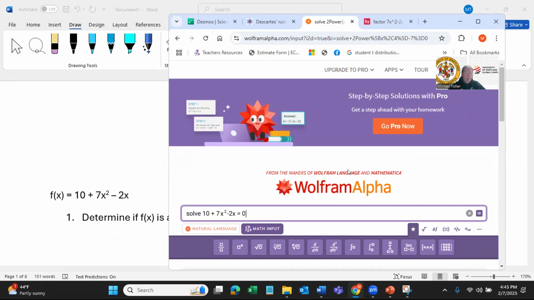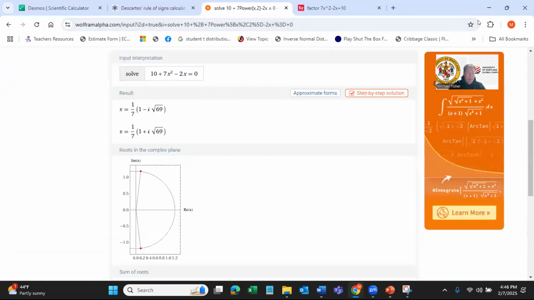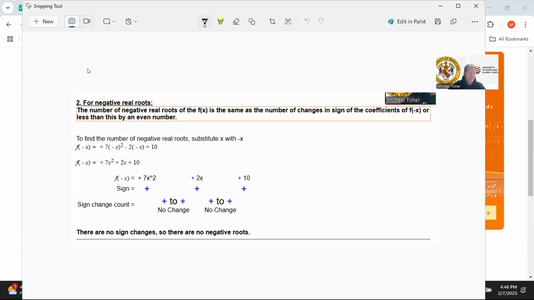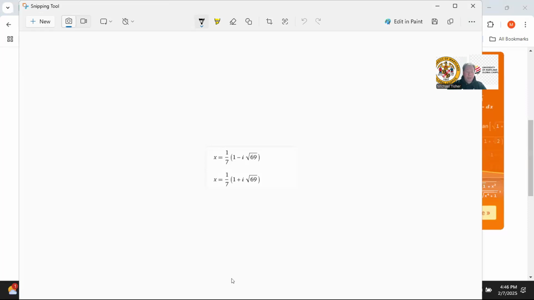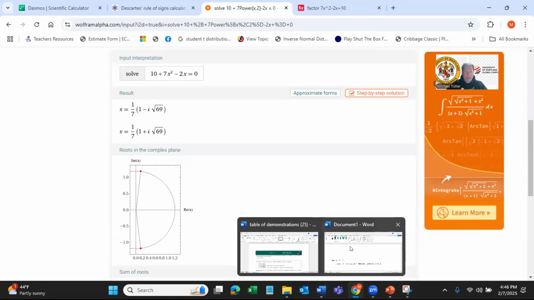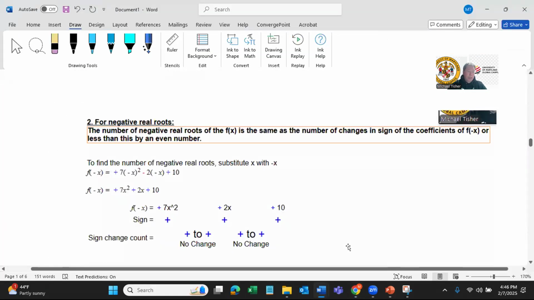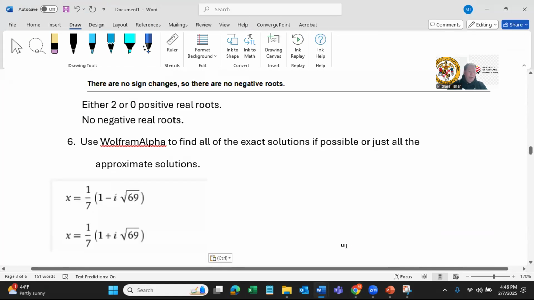So let's solve 10 plus 7x squared minus 2x equals 0, and see what it says. We get these answers right here. We actually get imaginary answers: 1/7 times 1 minus i square root of 69, and 1/7 times 1 plus i square root of 69.